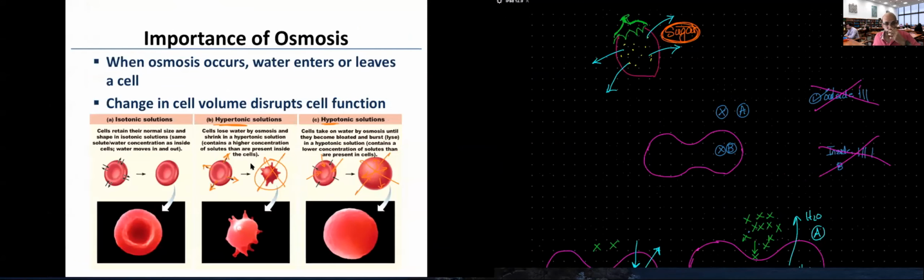All right. So again, which side should have higher solute concentration, extracellular fluid or intracellular fluid? Which side should have higher solute concentration, outside or inside of the cells?